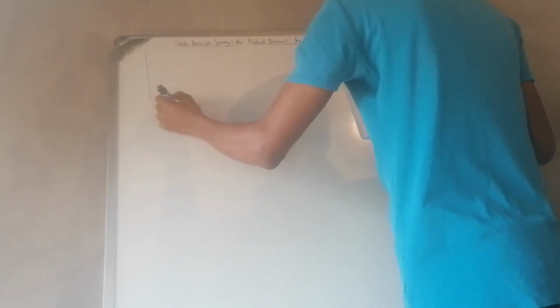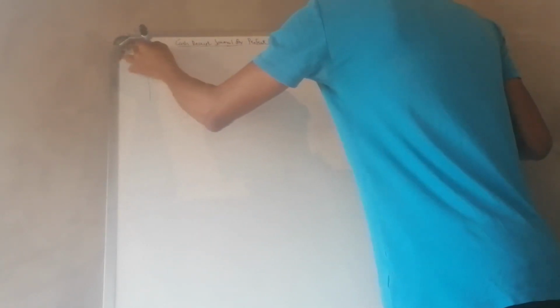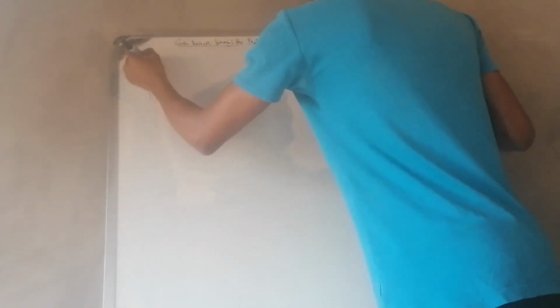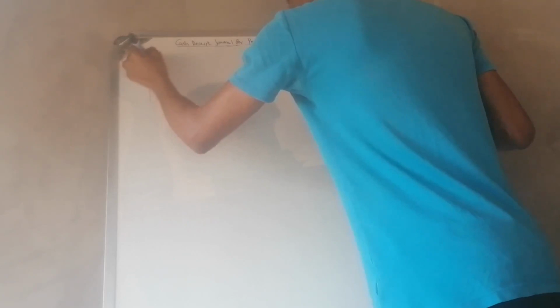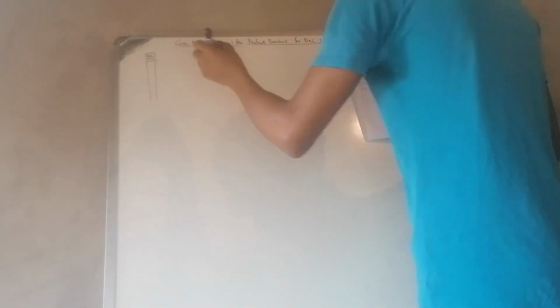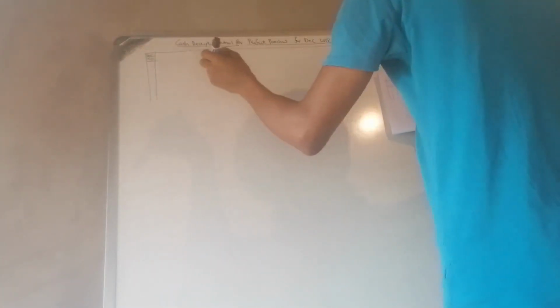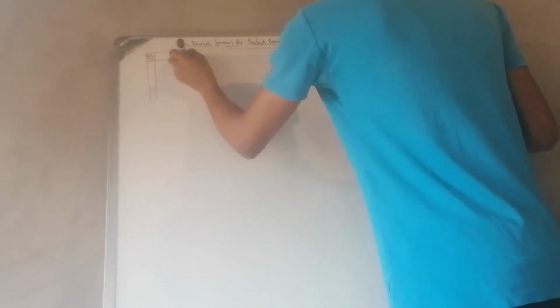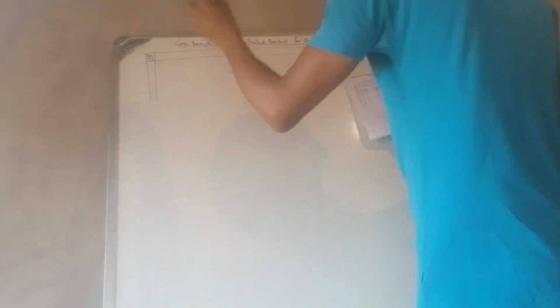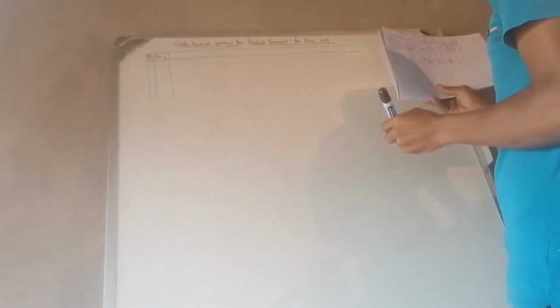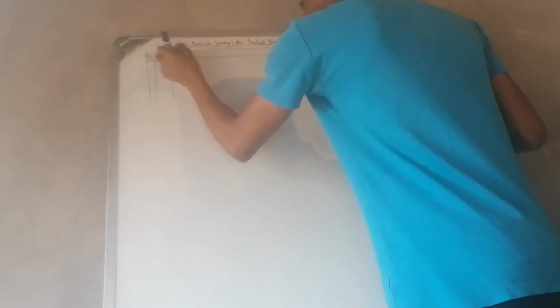So let's have the first column, which will be called the document number. So we have the document number. Again, the day, the details.